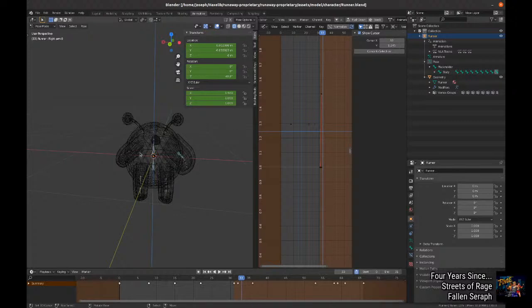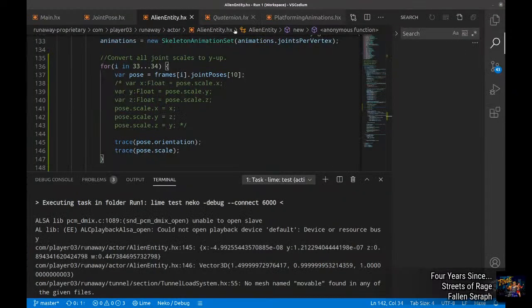Yeah, I think it's scaling along the global axis. So what can we do about that?